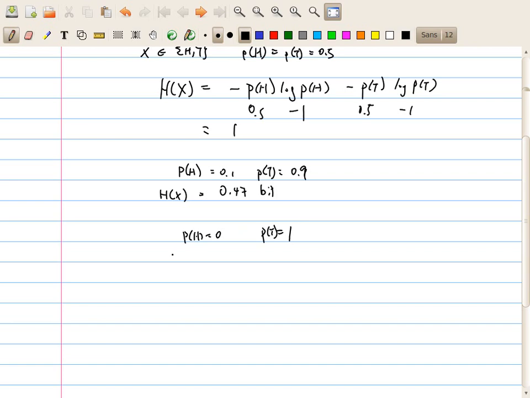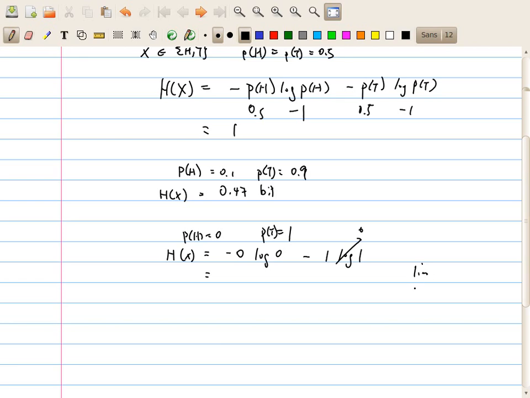If we substitute P(head) and P(tail) into the expression H(X), we have minus 0 log 0 minus 1 log 1. And of course log 1 is just equal to 0, therefore the second term is equal to 0. The first term is a little bit tricky, but we can compute that by taking the limit.